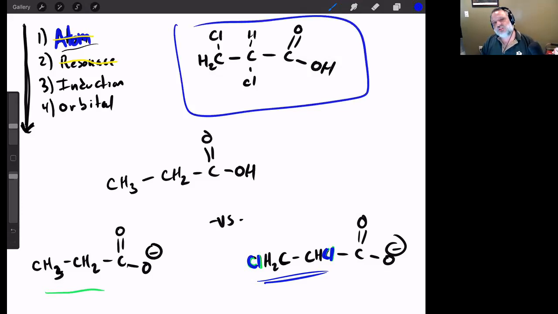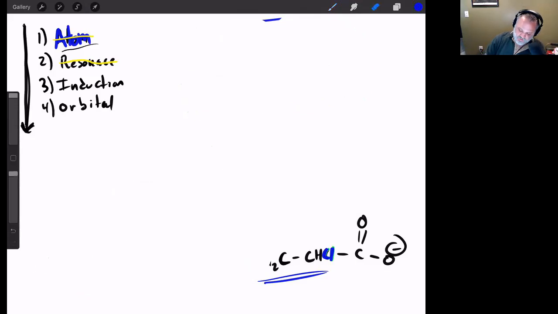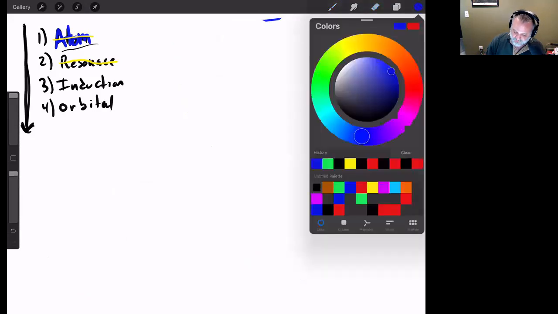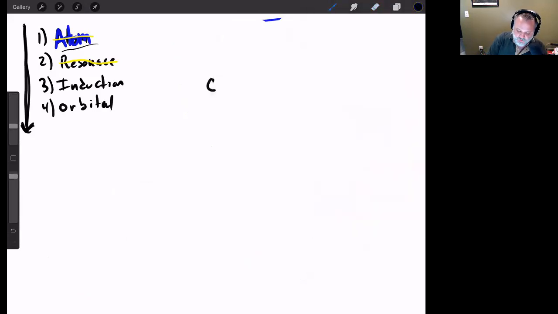And so in general, the more electronegative the atom that is attached, the more pronounced the effects are. And in addition to that, the closer the atom is to the negative charge, the more pronounced the effects are. So if I were to take a look at even something that doesn't have resonance, let's take a look at an alcohol.